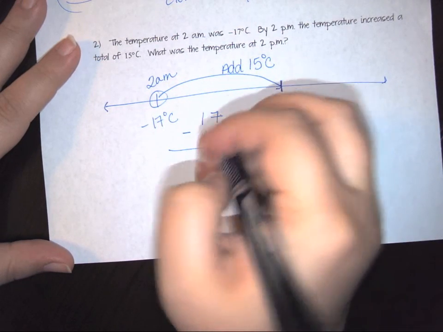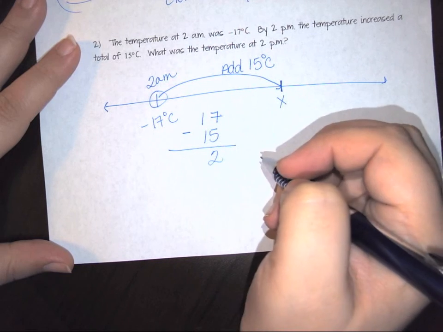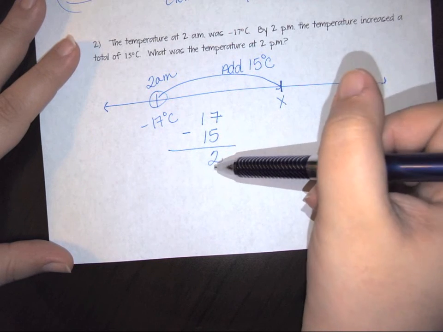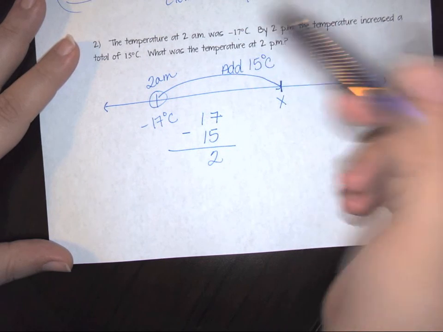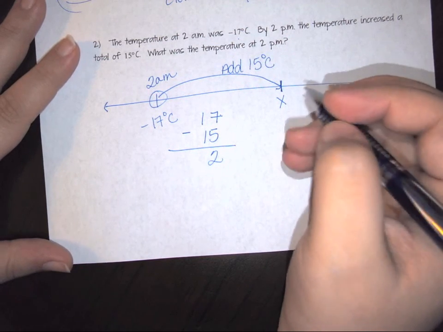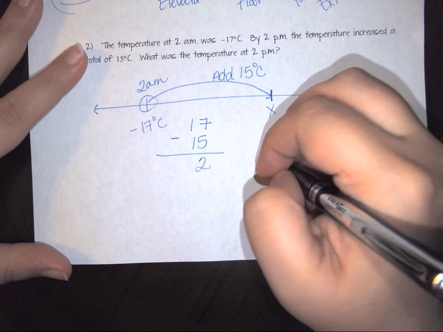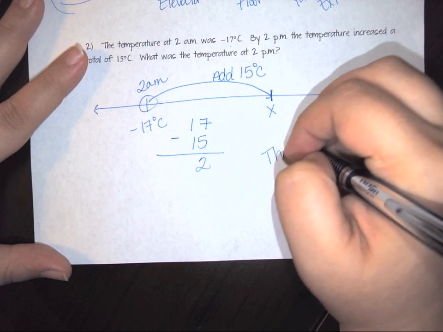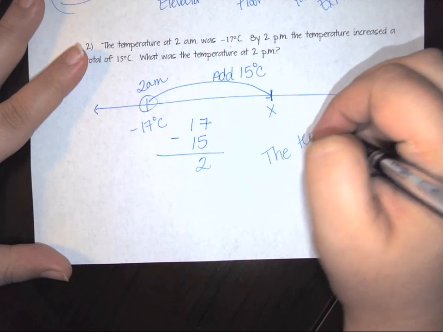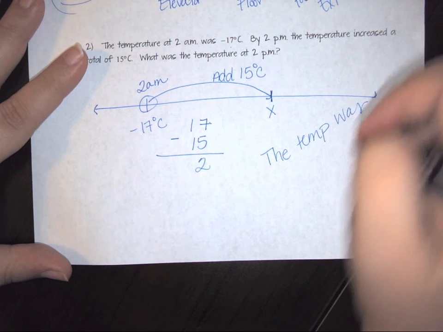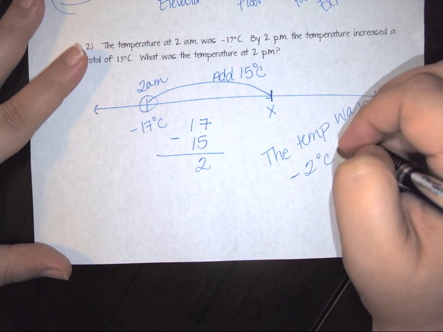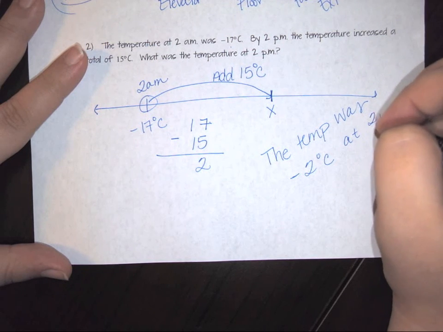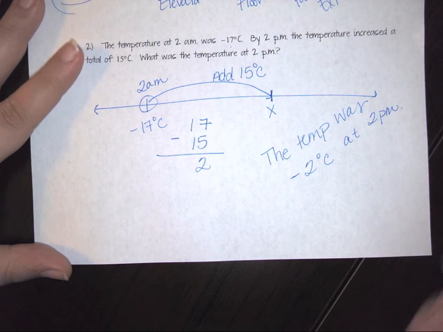So 7 minus 5 gives me 2. And then remember, we're going to keep the sign of the larger term, which was negative. So therefore, the temperature was negative 2 degrees Celsius at 2 p.m.